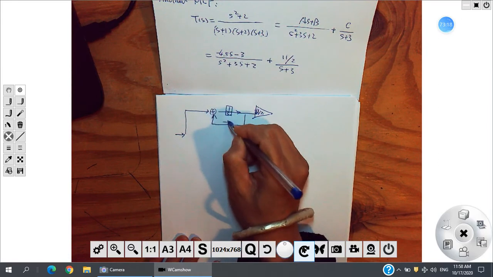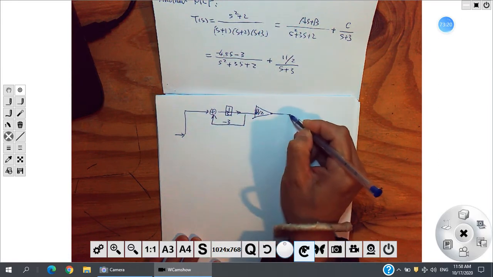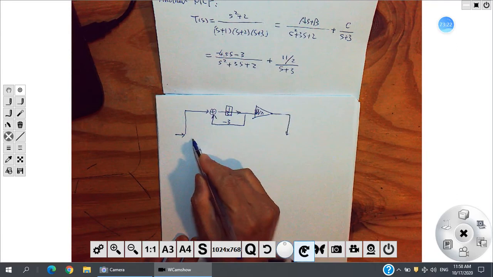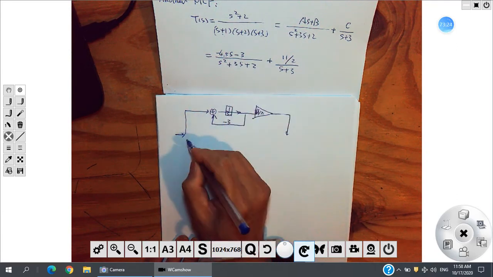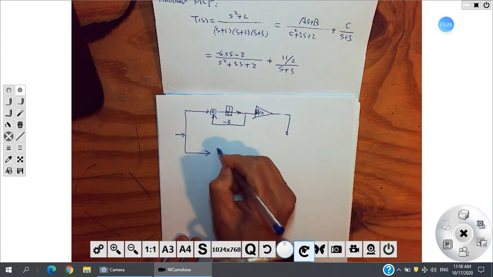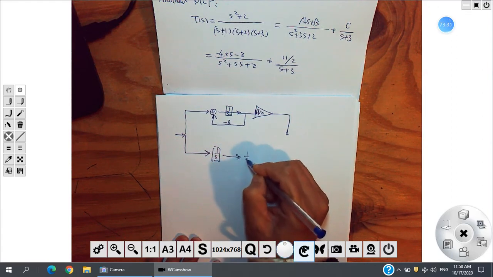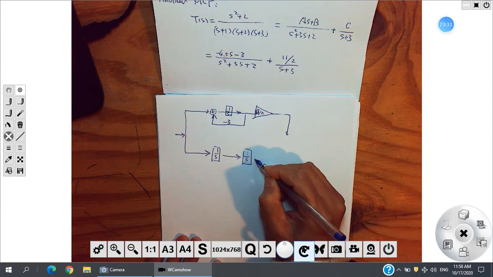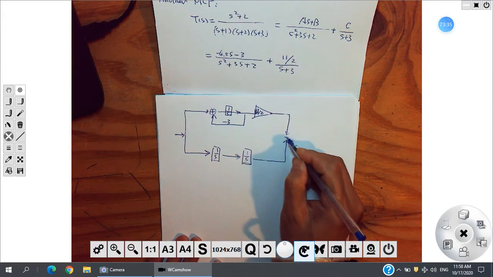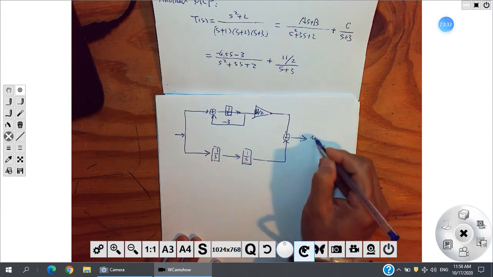The gain is negative 3. This is the top one. And for this one, I need a larger one. I need a 2, 1 over S here. Right, this is Y, this is R.